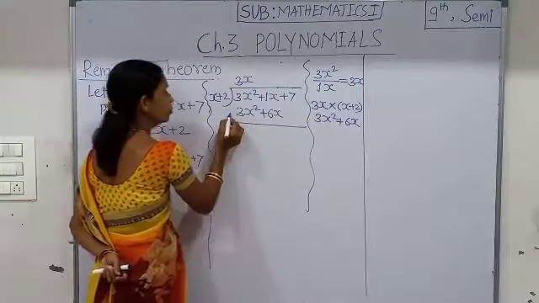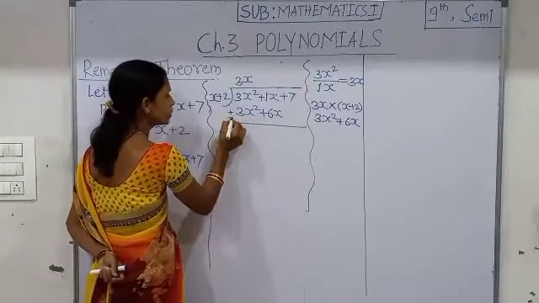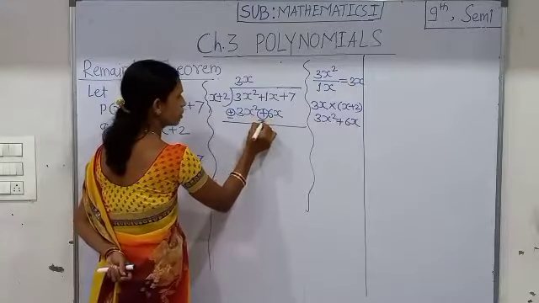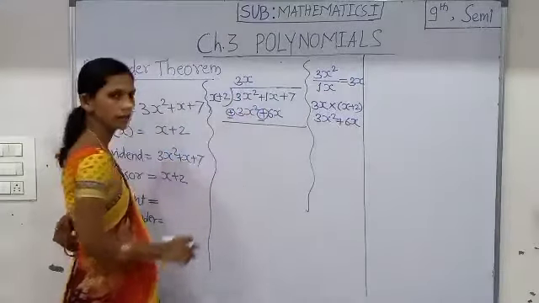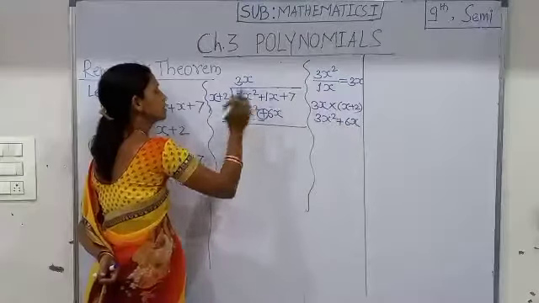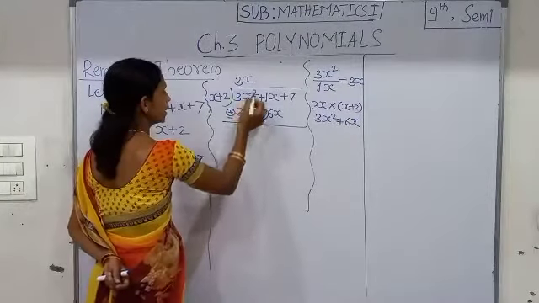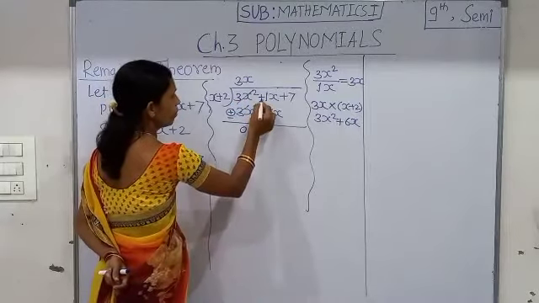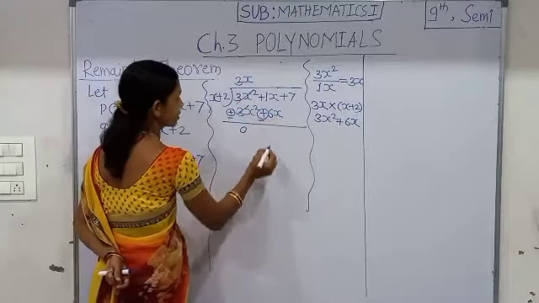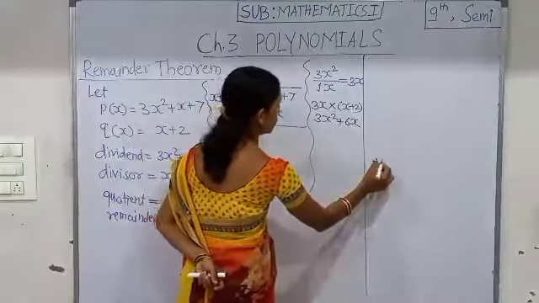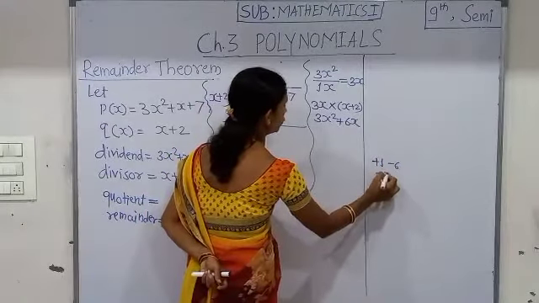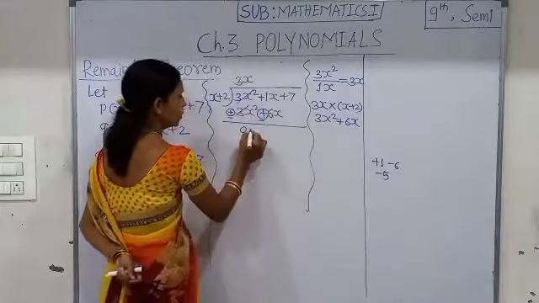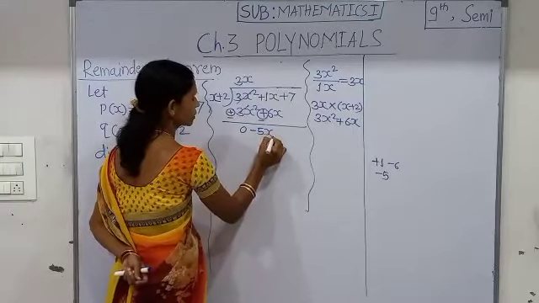Then we change the signs of those terms to subtract them. Then 3x square minus 3x square cancel, giving 0. Plus 1x minus 6x, that is plus 1 minus 6, gives minus 5, therefore minus 5x.